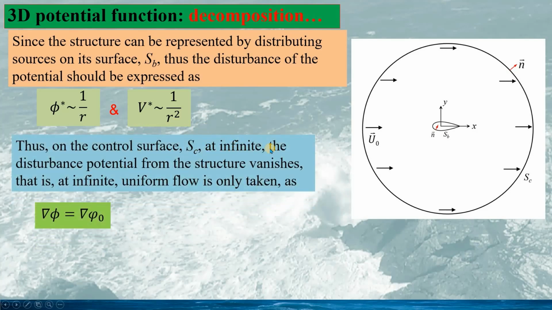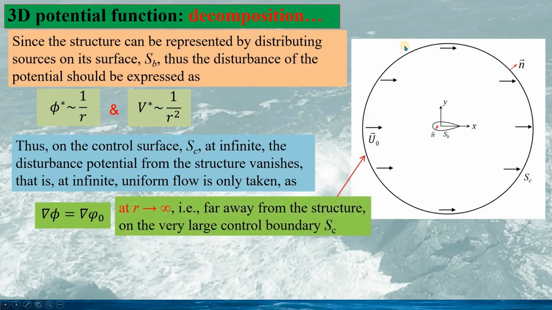And on the large control surface SC, at the infinite, the disturbance potential function would vanish. Thus, at the infinite, the uniform flow can be taken as this. See this control surface, the velocity u0, while the disturbance from the structure would vanish because it would be proportional to the inverse of r squared.